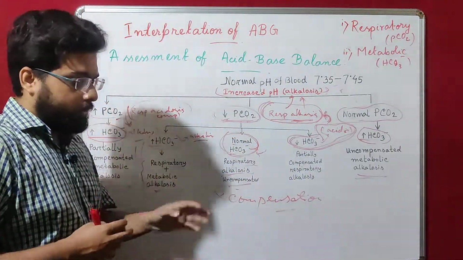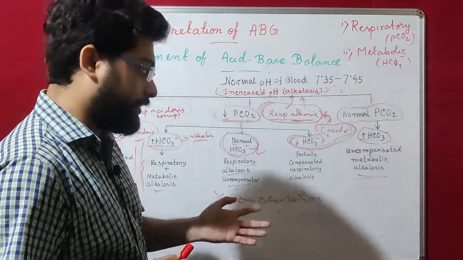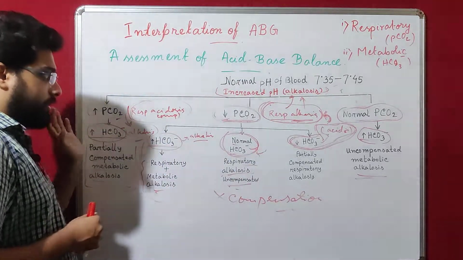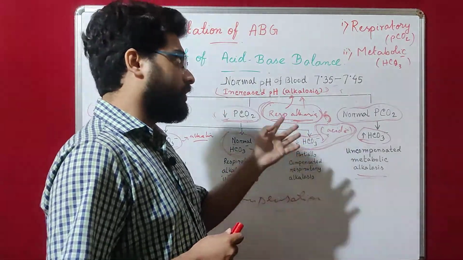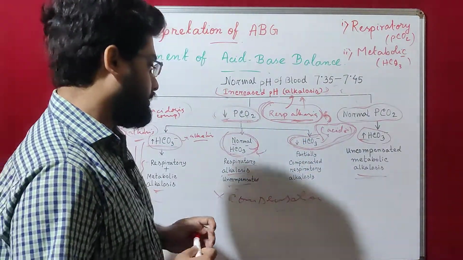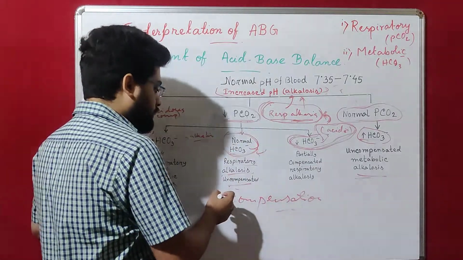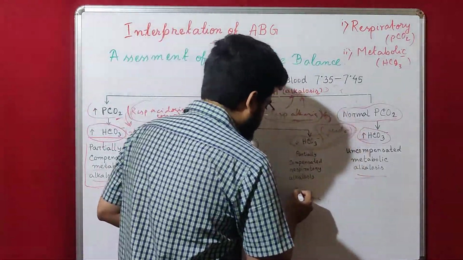So when we are perfusing a patient, there will be either respiratory acidosis, respiratory alkalosis, metabolic acidosis or metabolic alkalosis. There we cannot see those compensatory mechanisms.